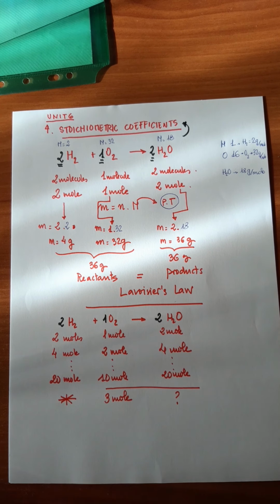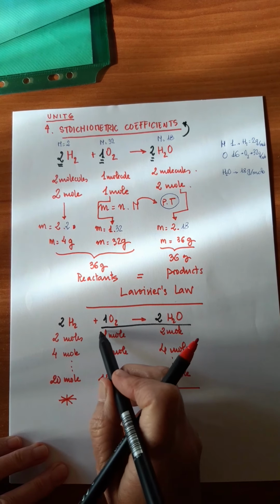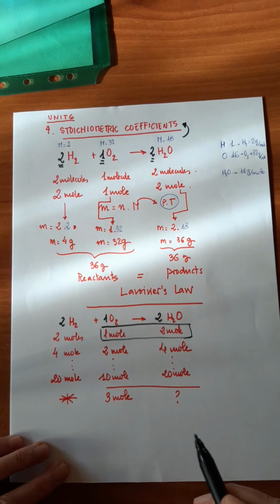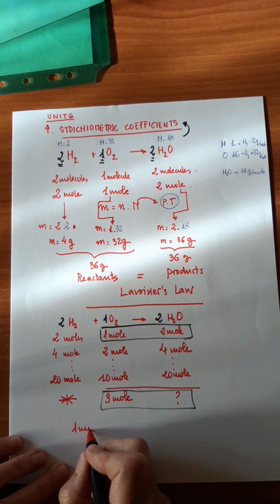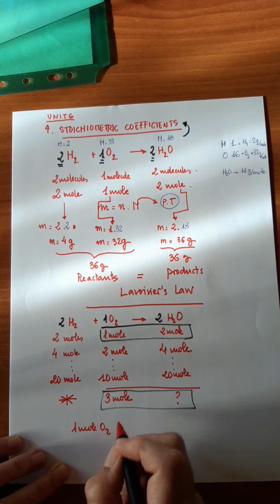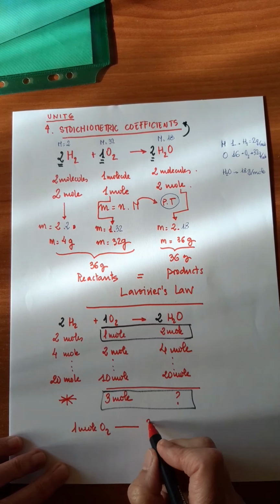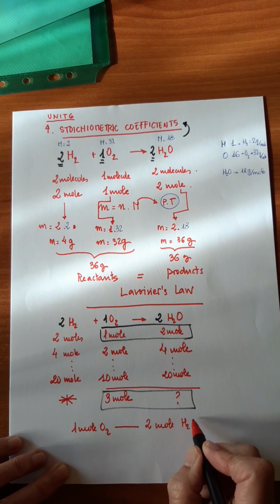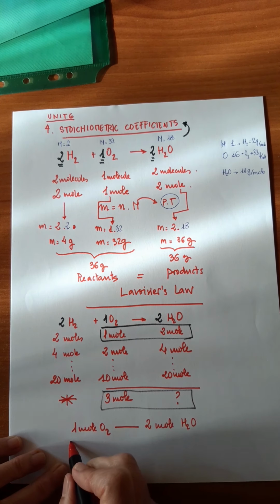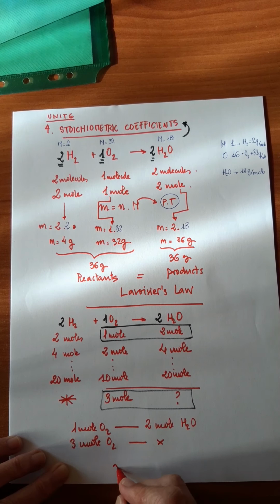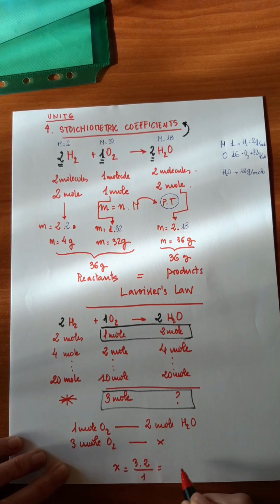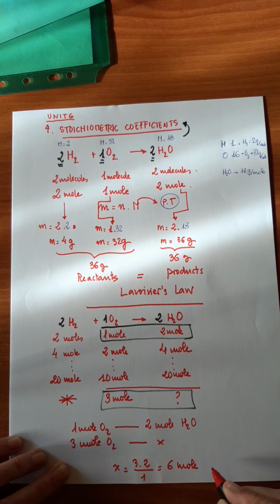So I get the data that we have from the stoichiometric coefficients and I do the proportion with these numbers. 1 mole of oxygen, with 1 mole of oxygen we get 2 moles of water. So with 3 moles of oxygen we do this proportion: 3 times 2 divided by 1, so we get 6 moles of water.